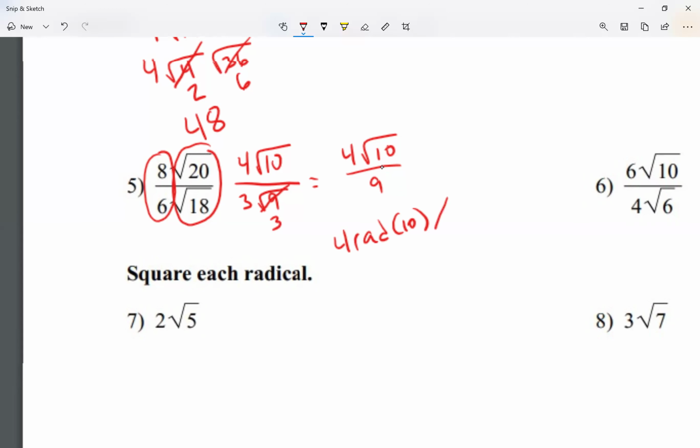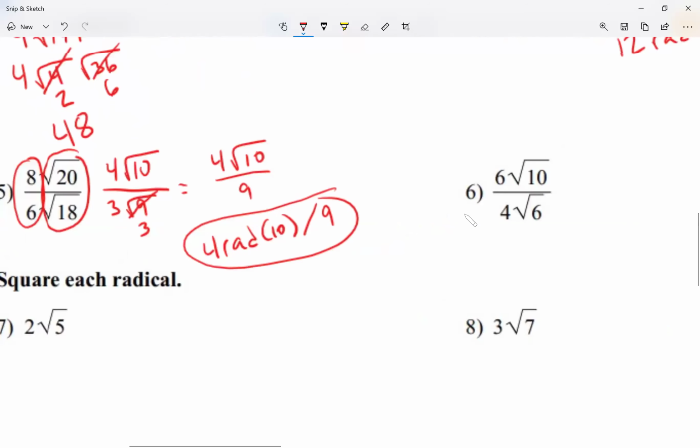And then everything that is at the bottom of the fraction. So 9. So my backslash represents fractions. Everything that is before it is what goes on the top of the fraction. Everything after it is what we have at the bottom of the fraction. Everything all together. Make sure you don't add any spaces. So 4 radical 10/9.